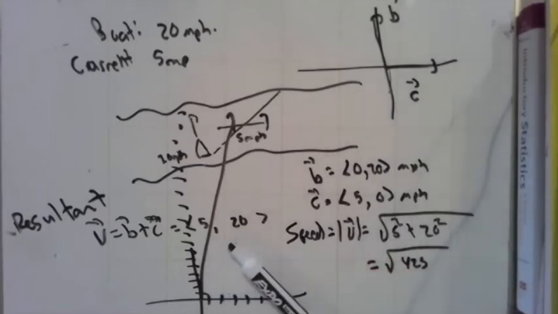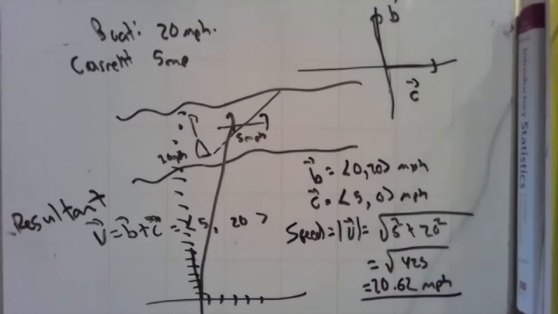Let's type that in our calculator. 20.62 miles per hour. Don't forget your units. So there's the speed of the boat.